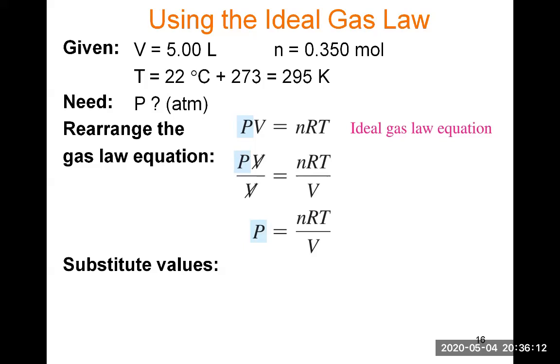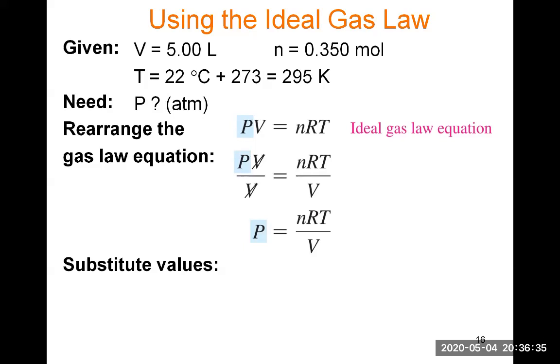The volumes will cancel on the left side, and it will be dividing by the volume on the right side. Now pressure is by itself on the left, and it's equal to nRT over V.